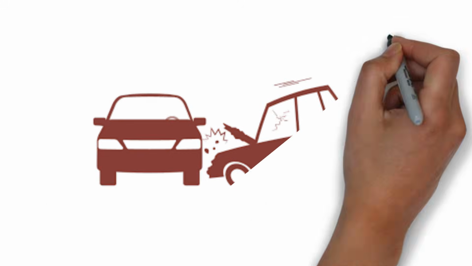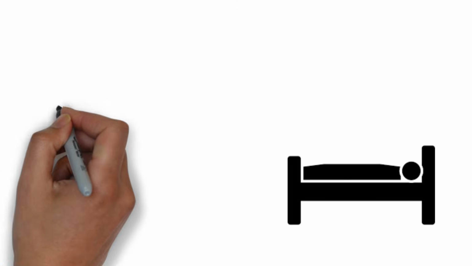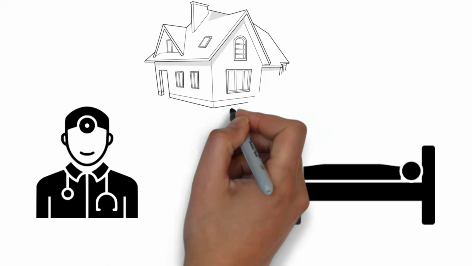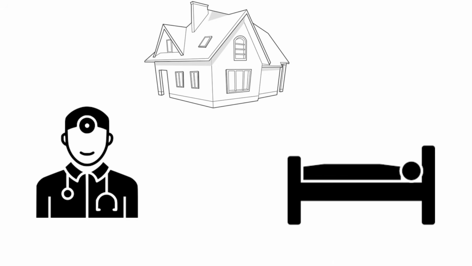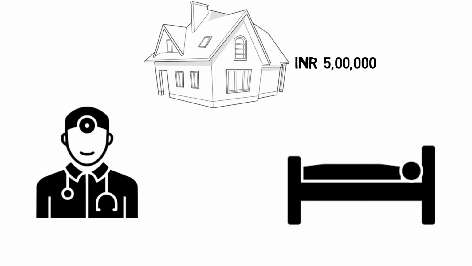Imagine a person met with an accident and his health is critical and he needs immediate medical attention. Here, the doctor says, only if you sell your house to me for an amount of rupees 5 lakh, I will treat you.